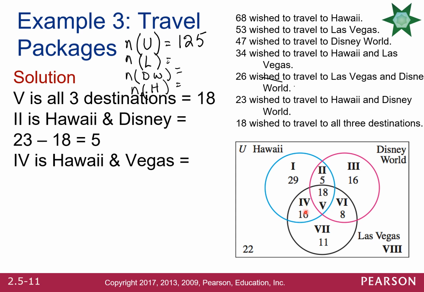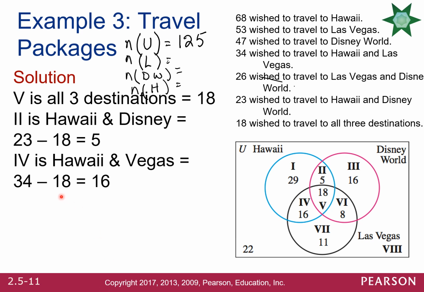All right. So region 4 is the intersection between Hawaii and Las Vegas. So to look at here, it says 34 wish to travel to Hawaii and Las Vegas, but there is a section of the people who also wanted to travel to Disney World as well, the intersection of all three. So what do we have here?